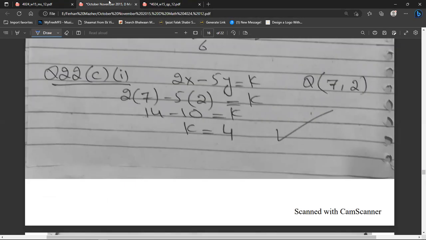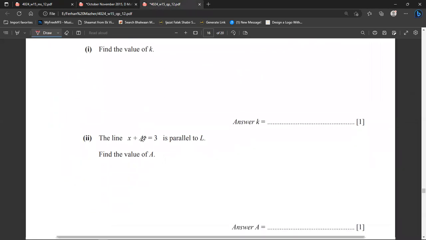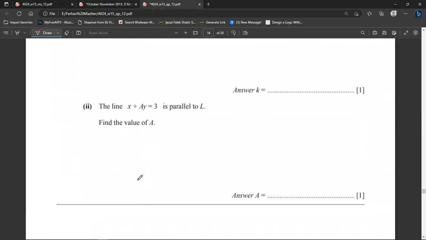Our answer is right. So question number 22, part C, second part. The line x plus ay equals 3 is parallel to the line L. Find the value of a.